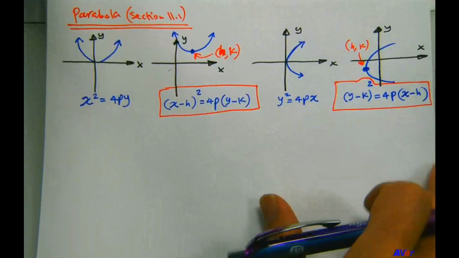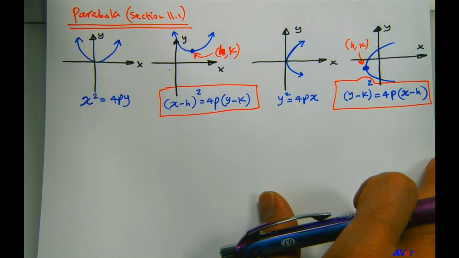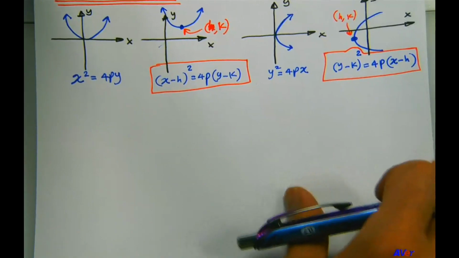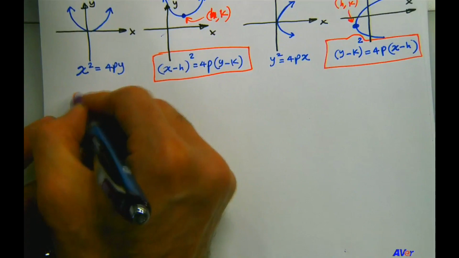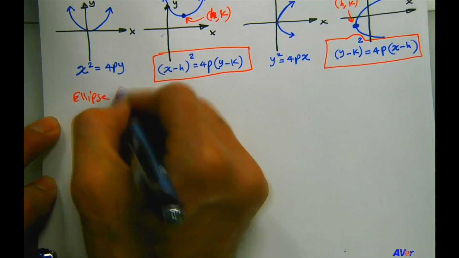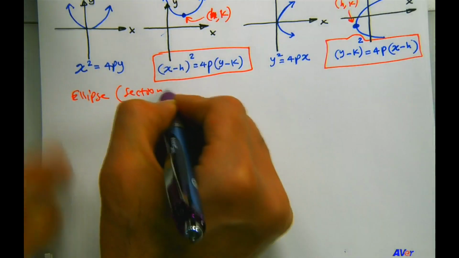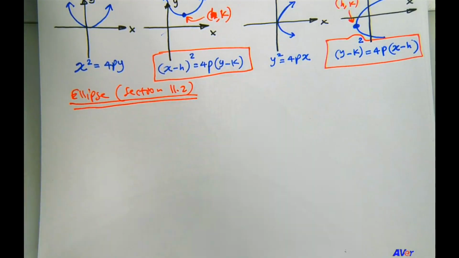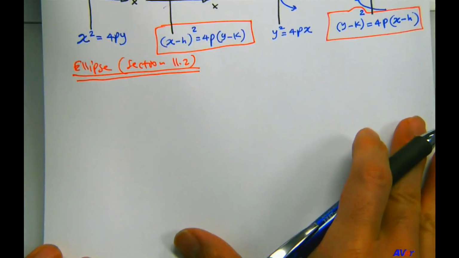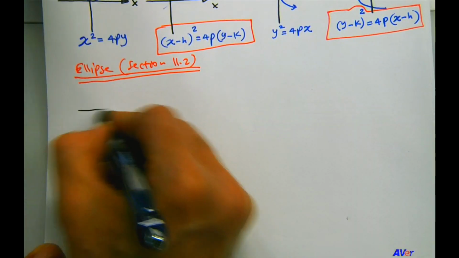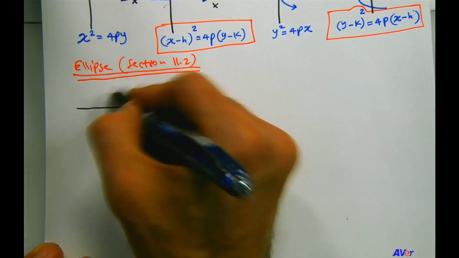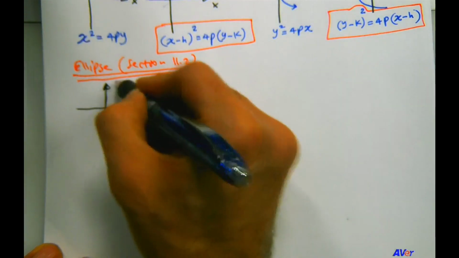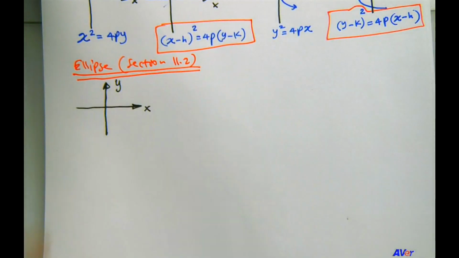Let's do the same thing for the ellipse, which is what we covered in section 11.2. Again, let's recall what we talked about in this section, which was any ellipse, horizontal or vertical, that had its center at the origin.